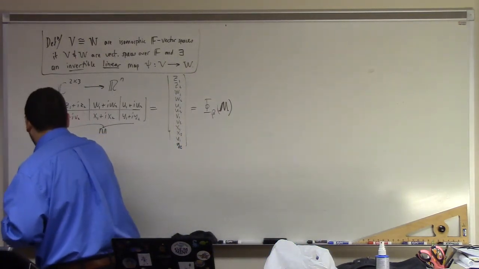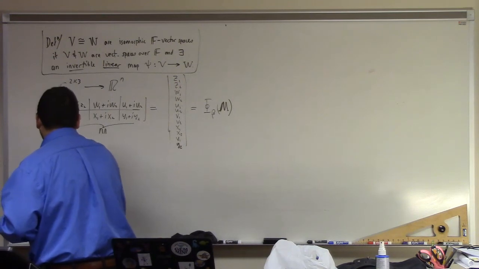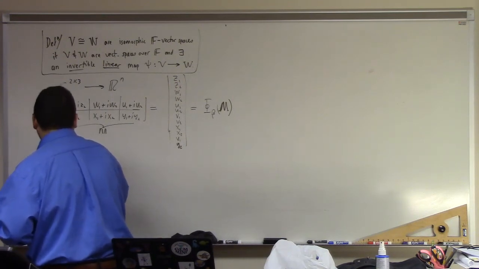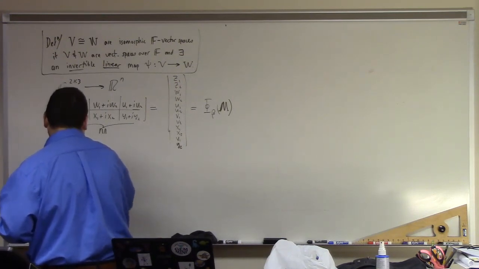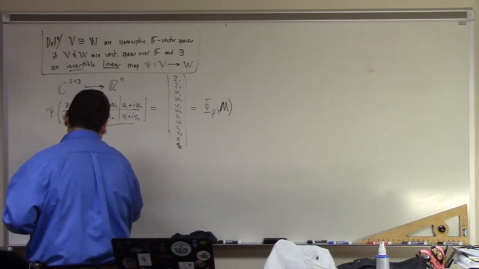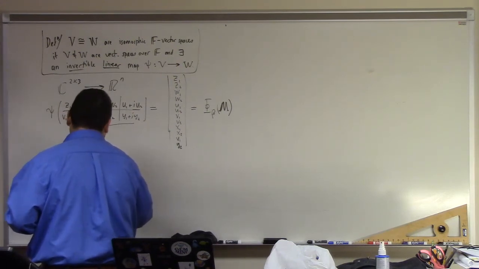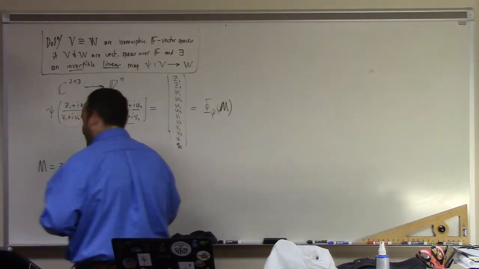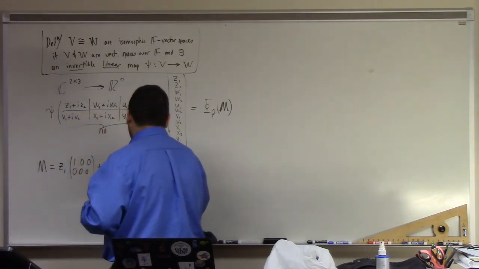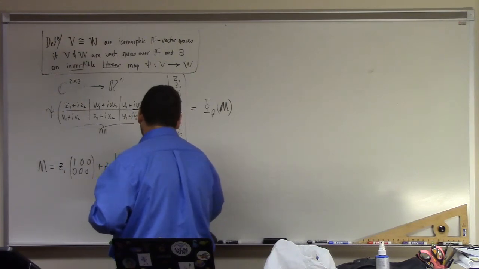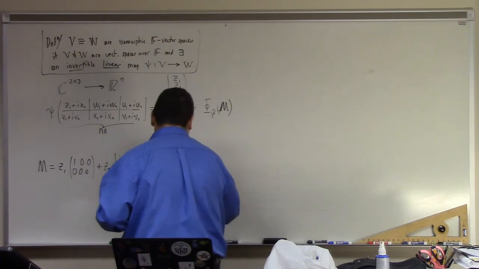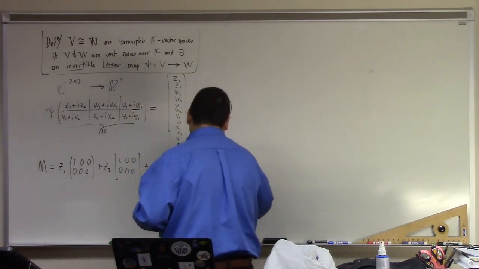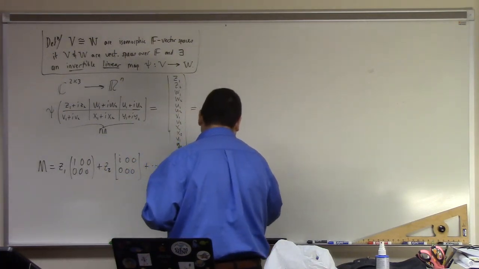So M is Z1 times 1, 0, 0, 0, 0, 0, plus Z2 times i, 0, 0, 0, 0, 0, plus dot, dot, dot, plus Y1 times 0, 0, 0, 0, 0, 1, plus Y2 times i times 0, 0, 0, 0, 0, 1.